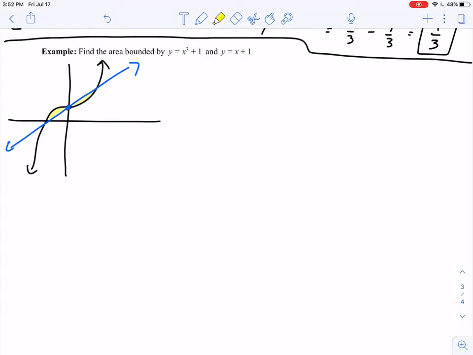So here's an instance where I do have to use two separate definite integrals. And I had alluded to this earlier when I said, hey, we need to worry about that point of intersection. Because if we have a point of intersection, like we do here, we have to break this up and we need to write two separate definite integrals. Because if you look, the upper and the lower functions switch.